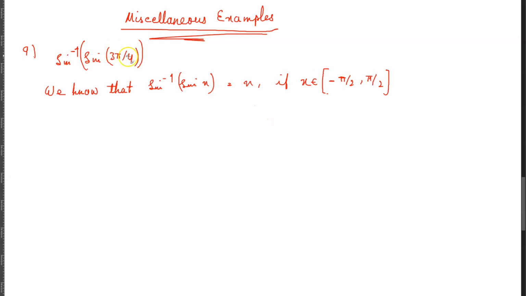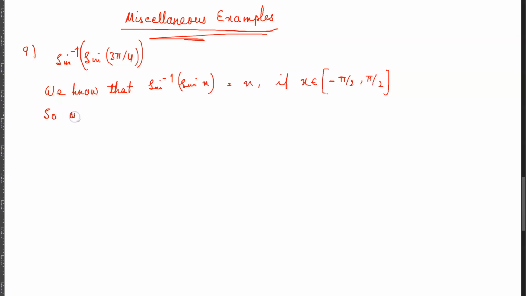Now 3 pi by 4 is outside of this domain. It's not inside this domain. So you have to somehow bring the angle back to somewhere between negative pi by 2 and pi by 2. So there are a few things.